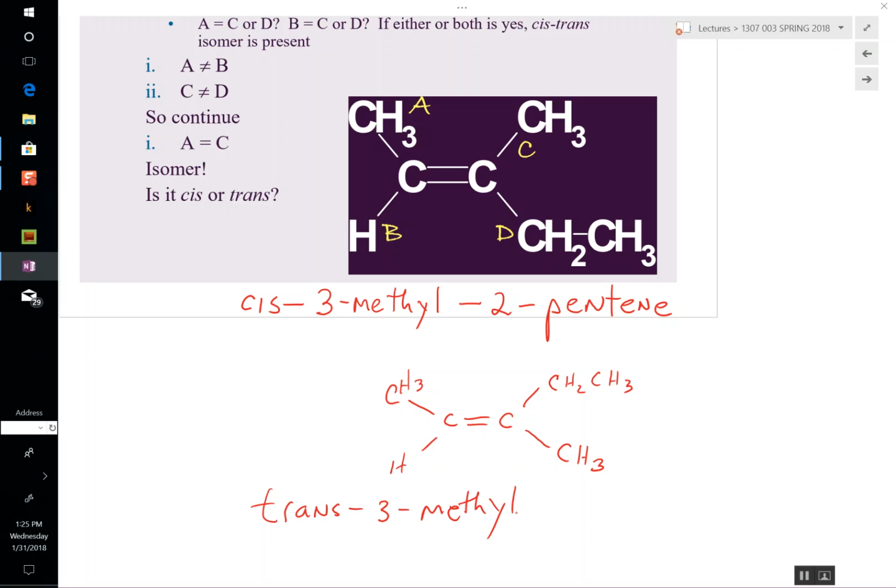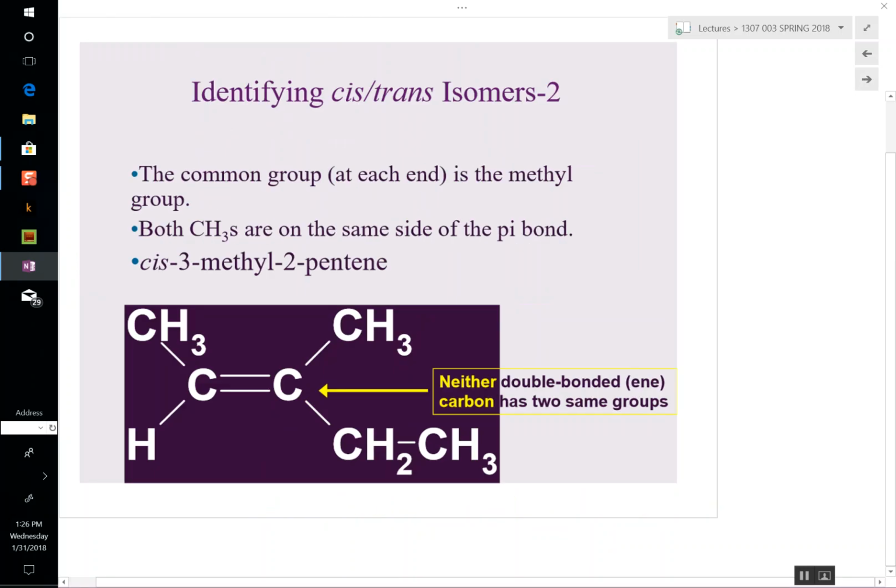This methyl is still on the third carbon. So it's trans 3-methyl-2-pentene. Double bond still begins on the second carbon. Yeah, neither one of these two carbons have two of the same things on it.